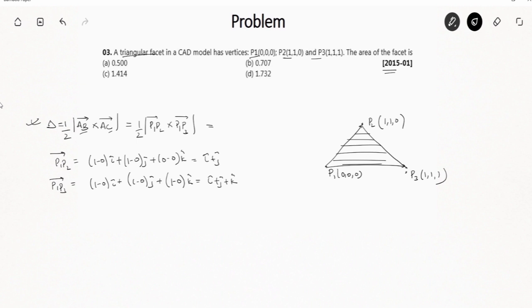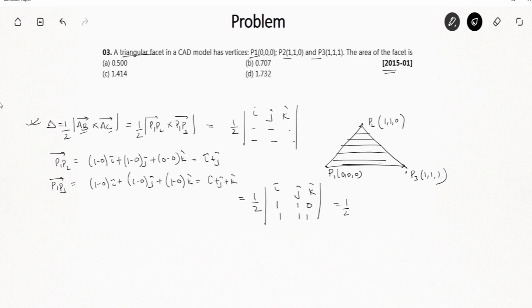If you simplify this, it can also be written as 1/2 times the mod of the determinant with i cap, j cap, k cap, and the coordinates of P1, P2 and P1, P3: this row is 1 1 0, and this is 1 1 1.